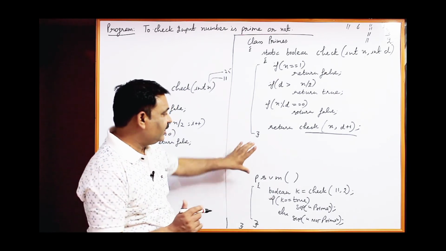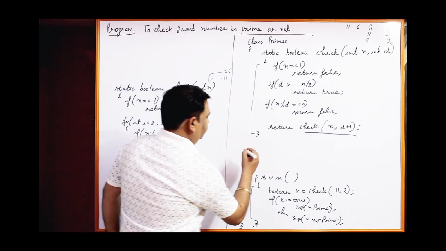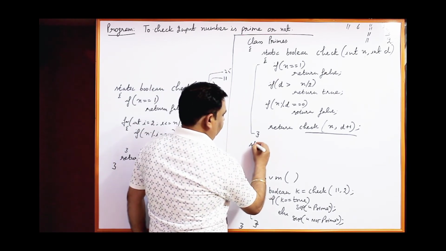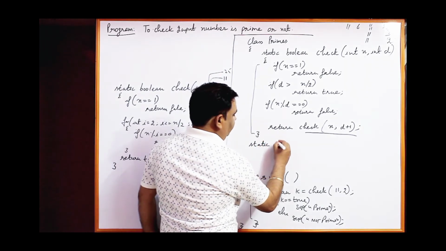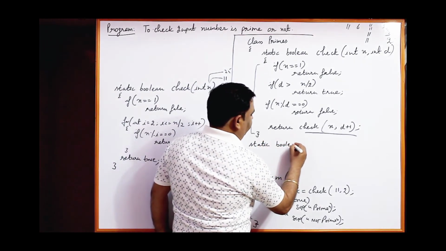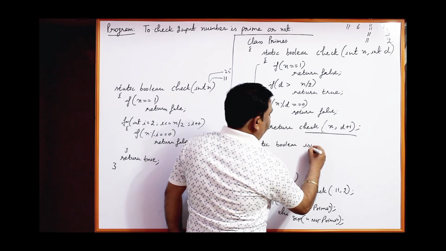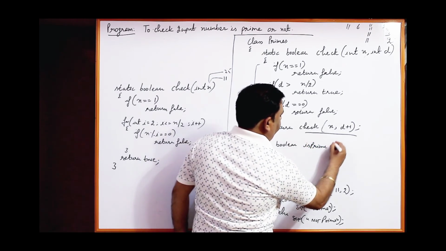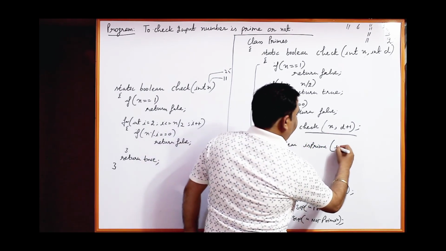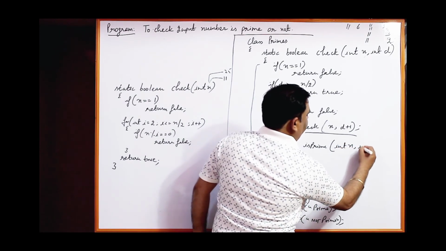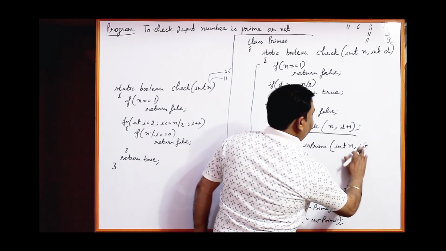So I am just making one more function here. Static boolean isPrime, the number, and only the number we will pass this time.